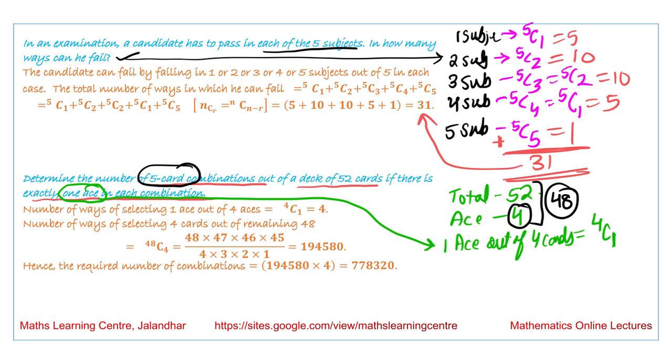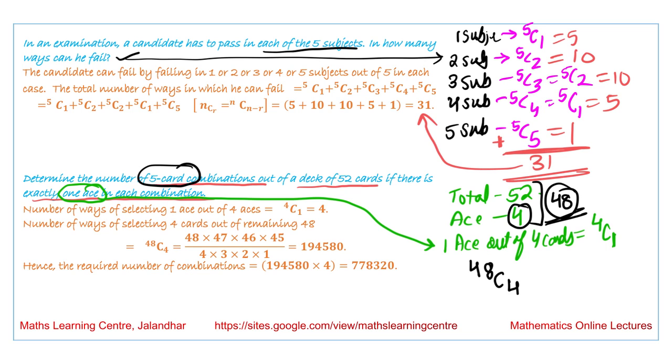Now the remaining cards are 48. So the number of ways of choosing non-ace cards out of these 48 cards is 48C4. We have to choose 4 cards now. So the answer we obtain is by the fundamental theorem of multiplication.